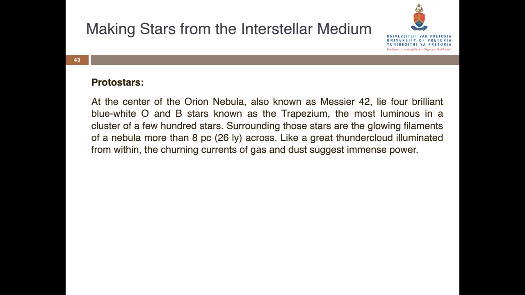The French astronomer Charles Messier created a catalogue of objects he could observe with his telescope, in the mid-1700s, so the 1750s to the 1770s.